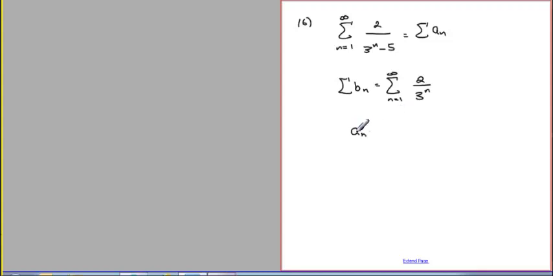A sub n is 2 over 3 to the n minus 5, and B sub n is 2 over 3 to the n.